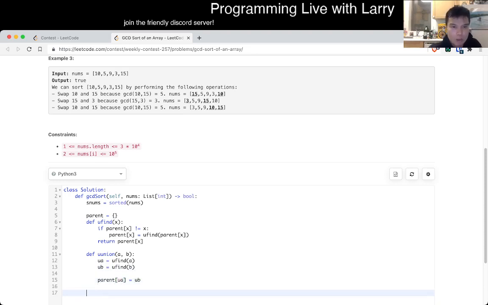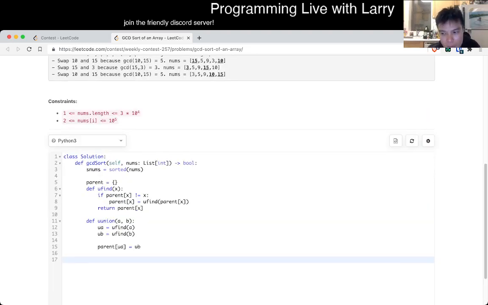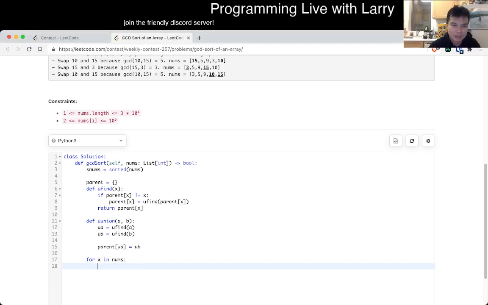So then now we group them together. All the numbers x in nums, we factorize. How many numbers are there? 30,000, is it? 3 times 10 to the 4th. I always forget. I read this as sometimes 3,000 and I get in trouble.